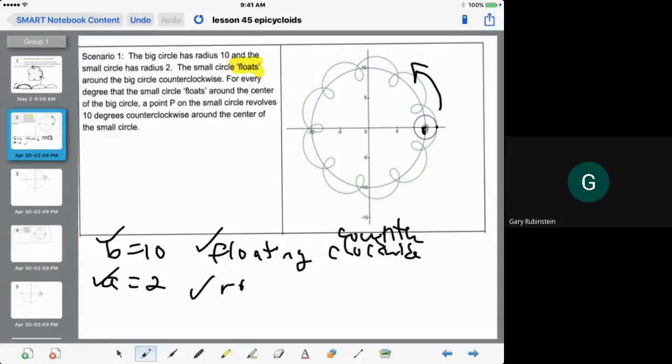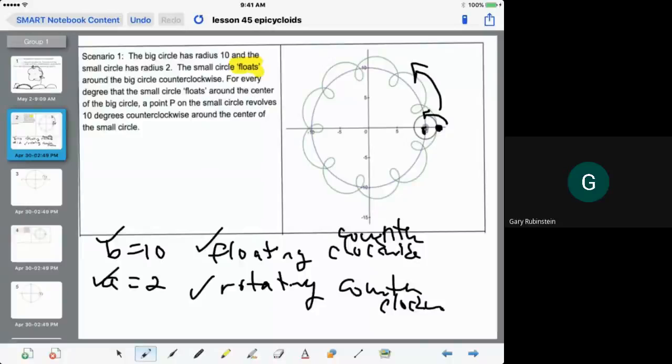I'll call that rotating. And it's told to you in this case that it's rotating counterclockwise also. So the point on the circle is also going counterclockwise.